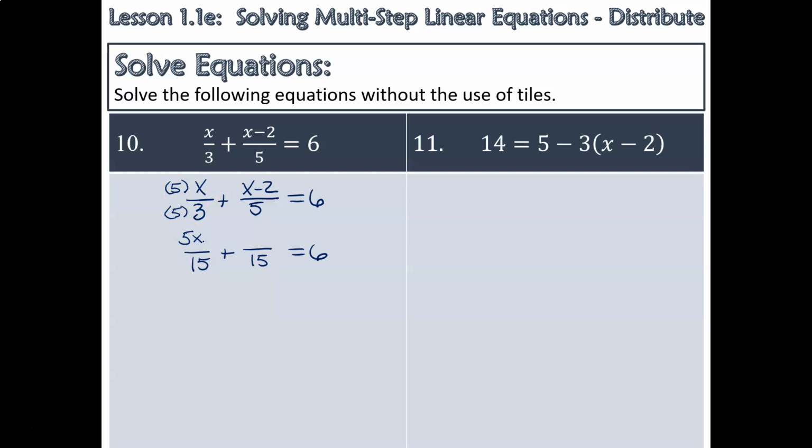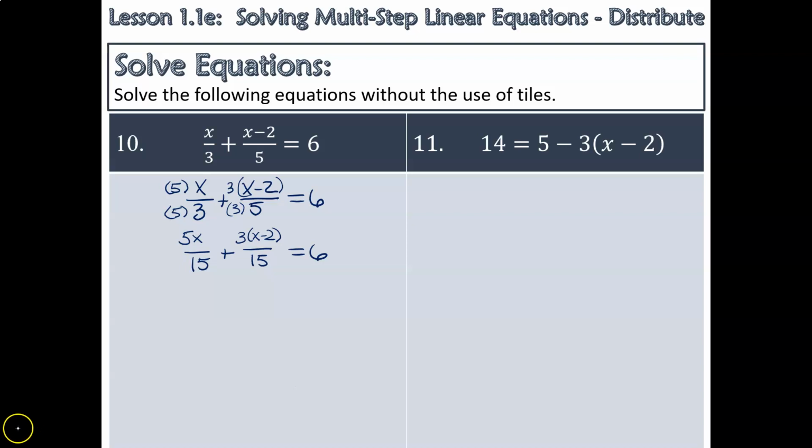Okay? So how'd you get from 5 to 15? Well, you multiplied by 3. And here's the tricky part. When you multiply something with 2 terms like this, you have to put them in parentheses with the 3 on the outside. So I have 3 times the quantity of x minus 2. Okay? Are you with me?